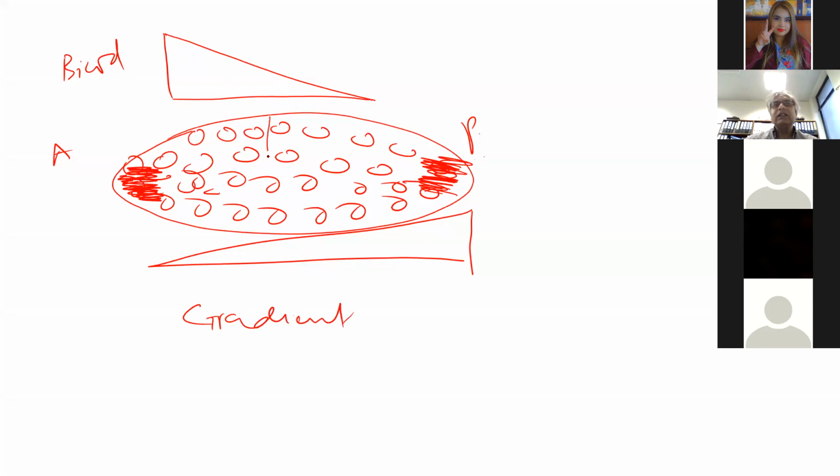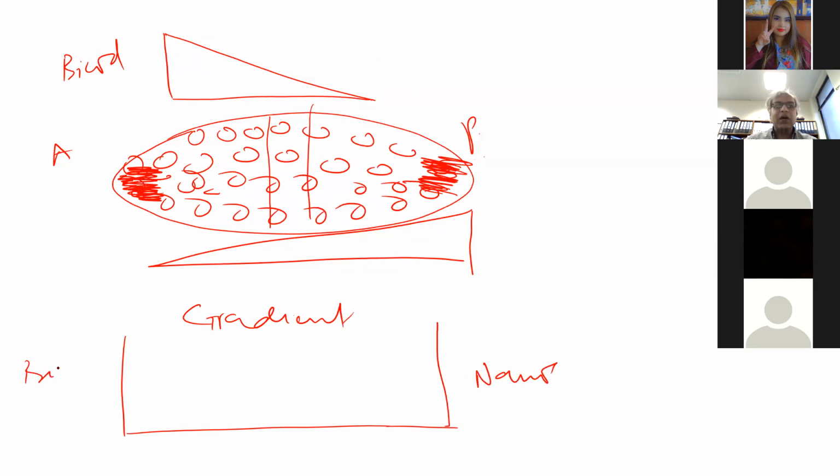Cells here are exposed. If I try to draw a graph, let's say this is nanos, this is bicoid, anterior side, this is posterior. The cells which are here are exposed to only this much concentration of nanos.